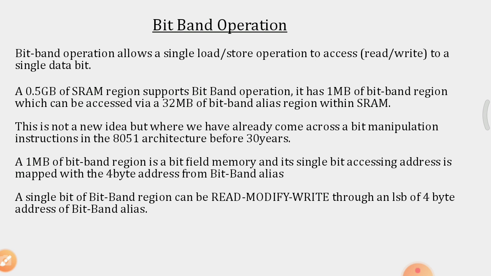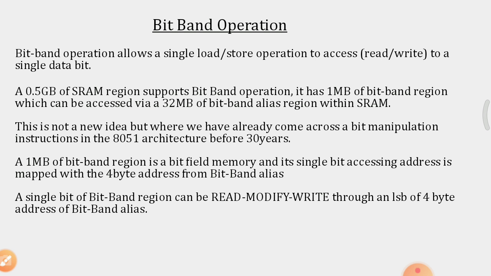In the previous memory map, the SRAM is divided into a 32 MB bit-band alias and a 1 MB bit-band region. The 1 MB bit-band region can be accessed via the 32 MB bit-band alias region within this 0.5 GB SRAM.